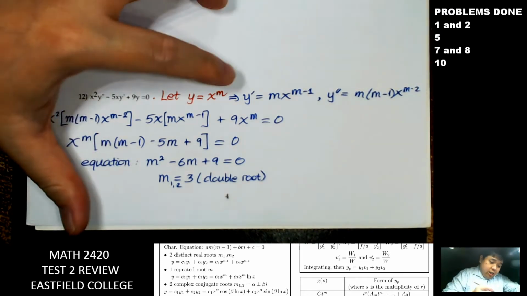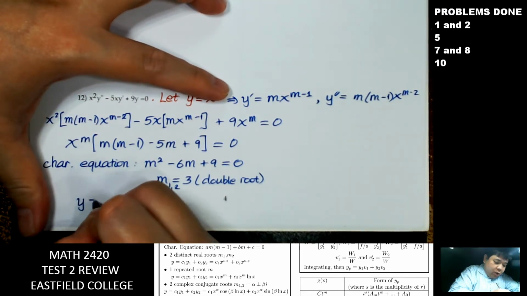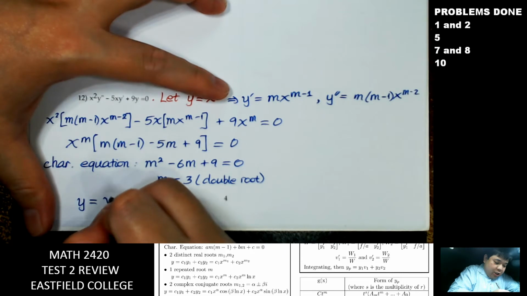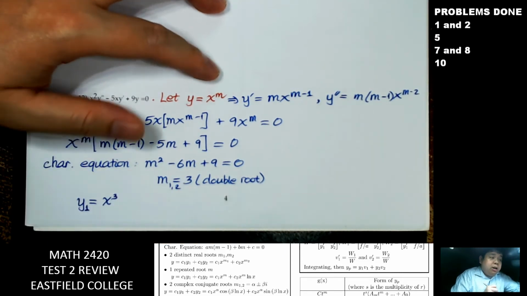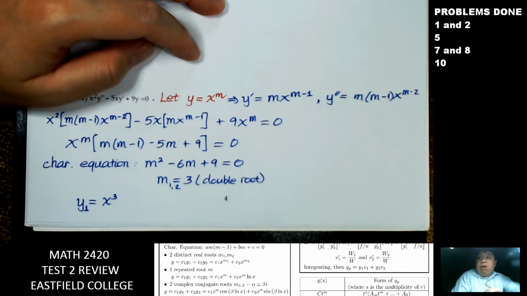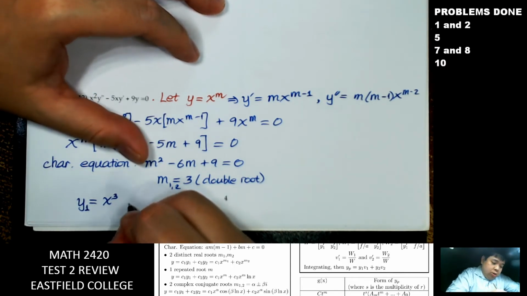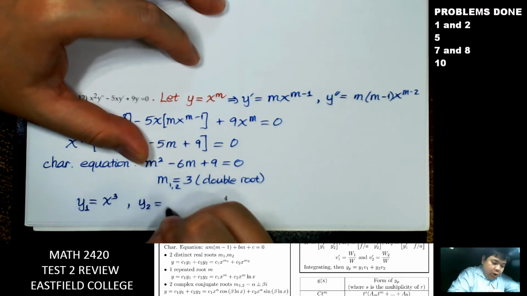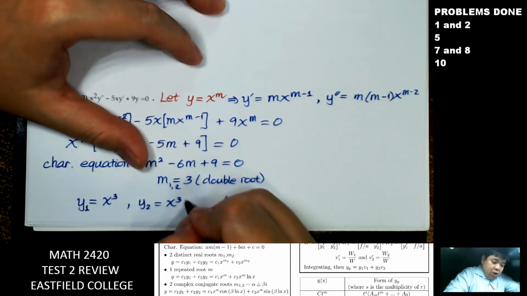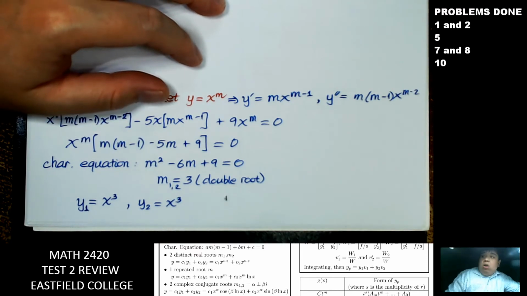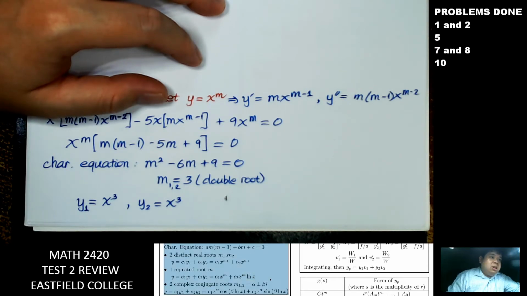So in that case, the solution will be y equal to x cubed. Y1 will be x cubed. And y2 we have to make different than that. So it's also x cubed, but it has to be linearly independent. So for Cauchy-Euler equation, we're going to stick the ln of x into it to make it different.